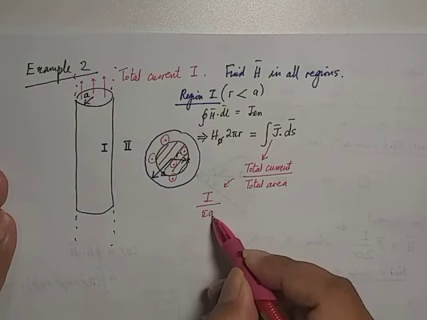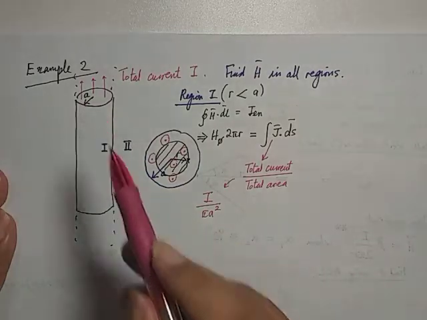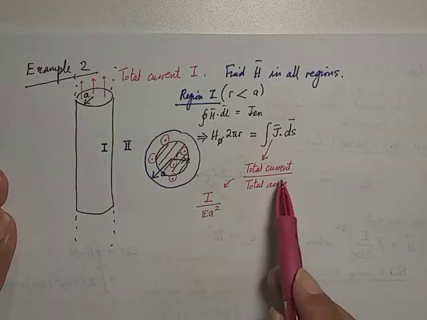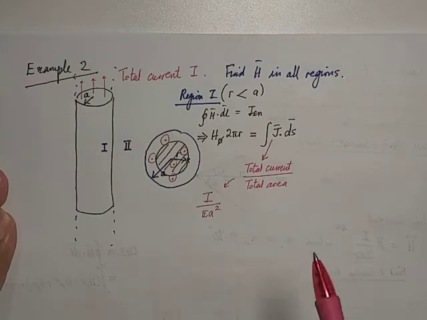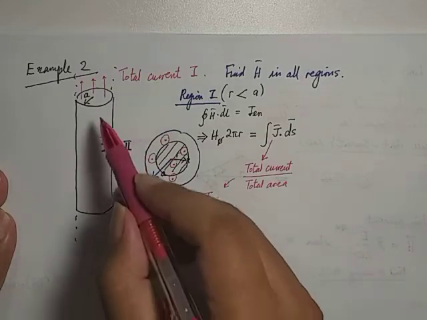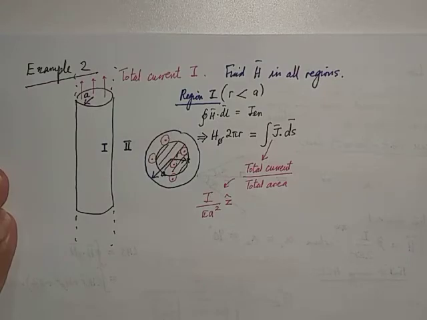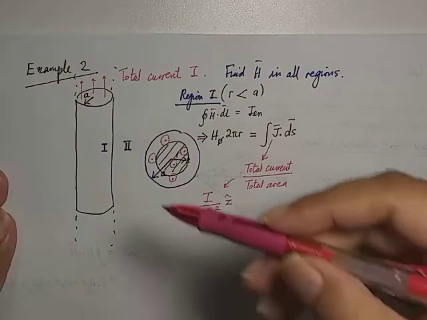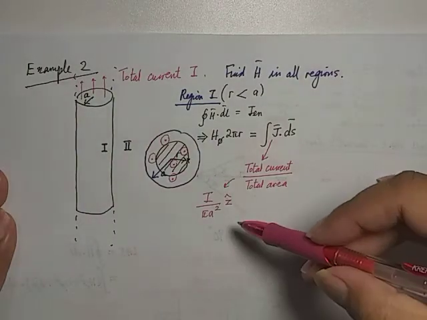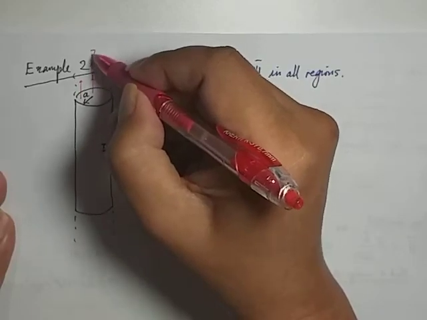Pi A squared, because the total area confined by this cylinder is pi A squared. Therefore, J is the total current divided by the total area. And since it's a vector, how do I define its direction? I'm going to give it the Z direction, because we already defined our axis before, with the Z-axis at the center of this structure. So let's draw the Z-axis, so it's easier for you to refer.